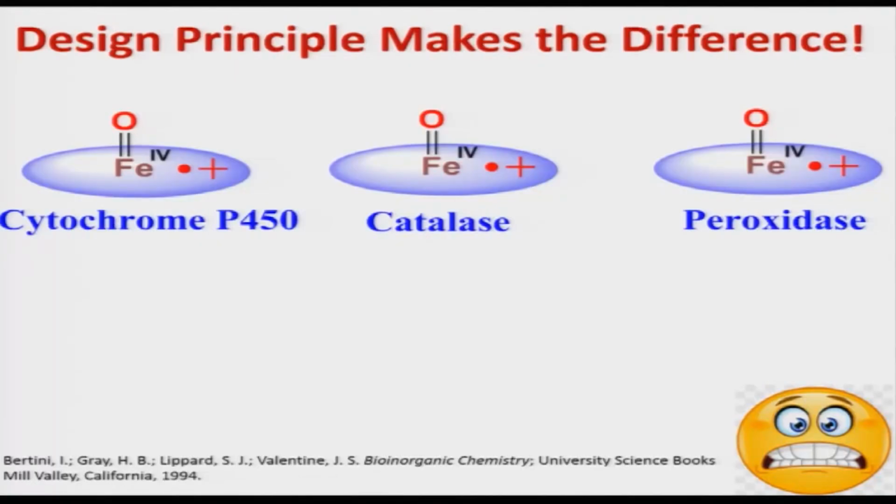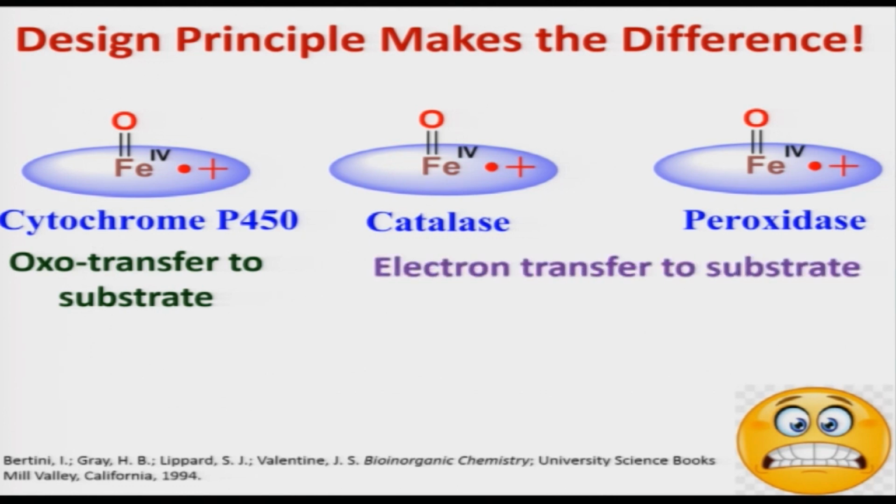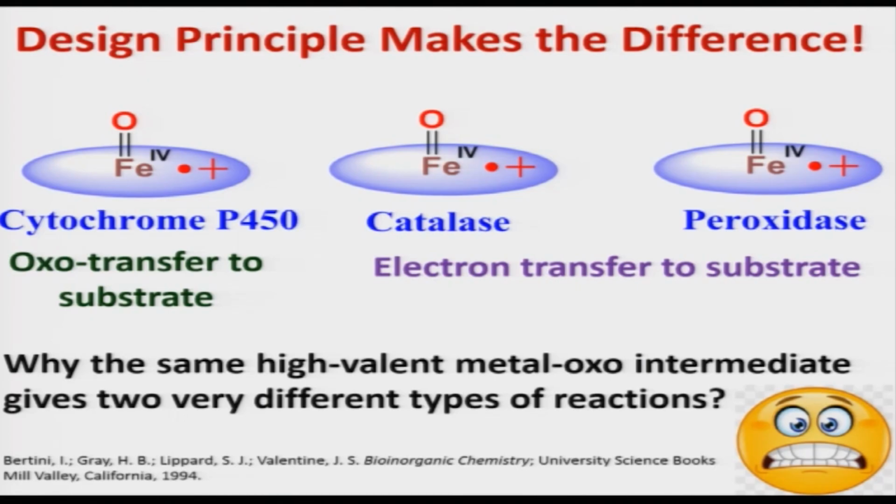The question is that in cytochrome P450 oxo transfer to the substrate is what is happening. In contrast, in catalase and peroxidase electron transfer to the substrate is happening, although in all these three cases the same high valent metal oxo intermediate is present. So, design principle makes all these differences, which I am going to discuss now.